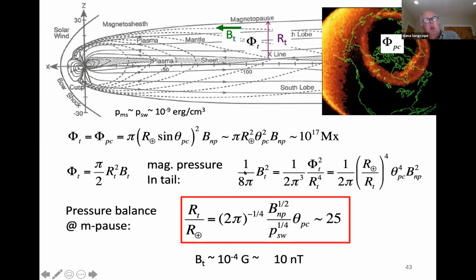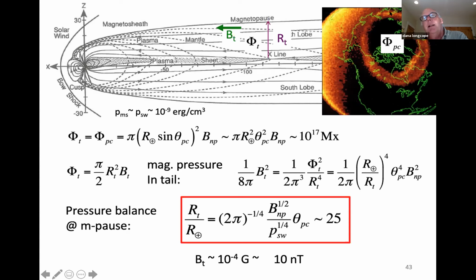But what I want to get to is how big is this magnetotail? Here we're just going to assume that the flux in the magnetotail is exactly the same as the flux you get in this polar cap. So all of this stuff in here, pretty much covering Greenland, the Arctic, bits of northern Canada, and almost none of Alaska.